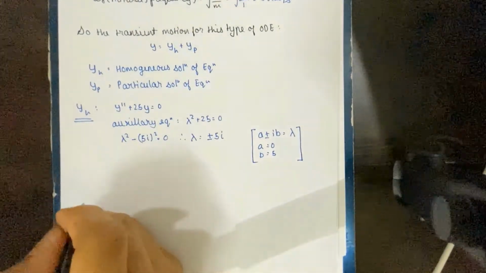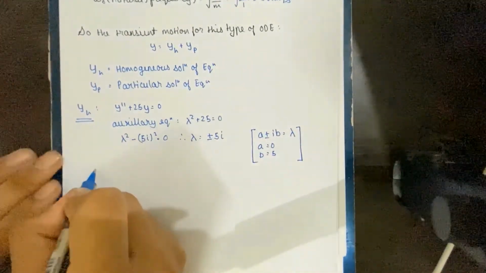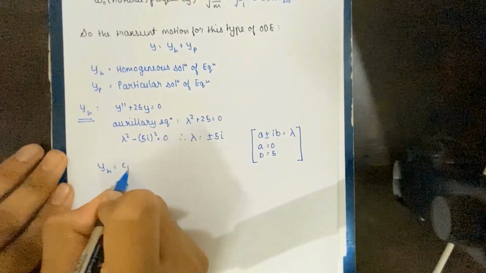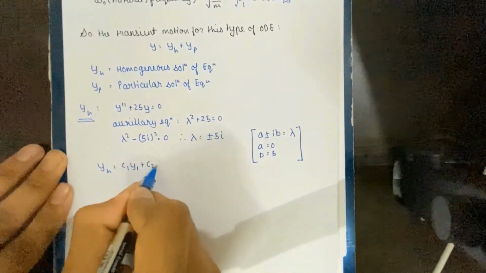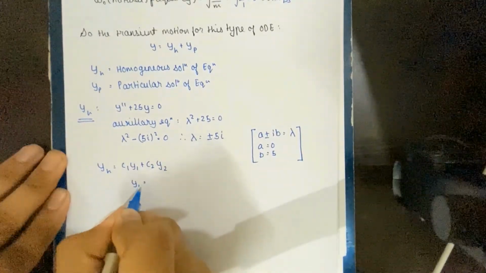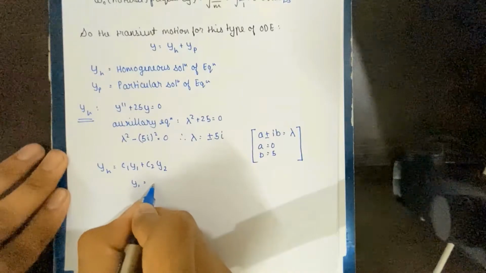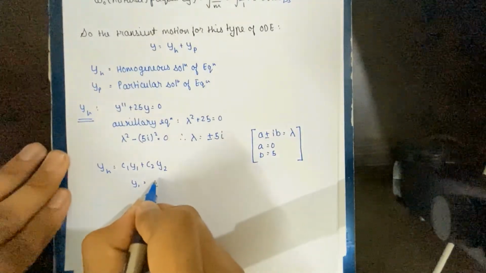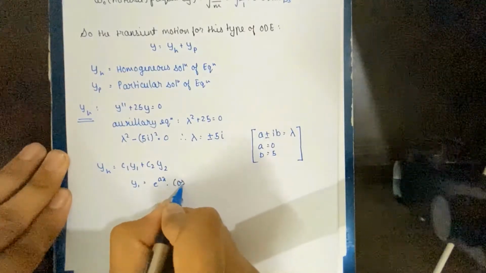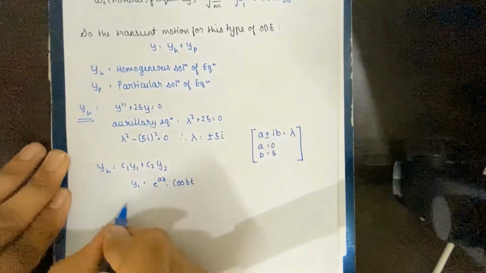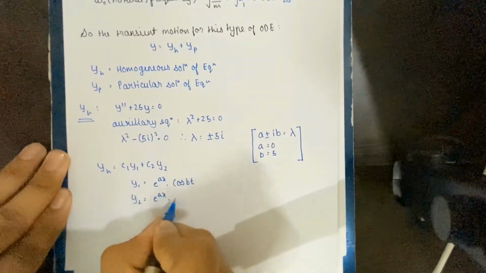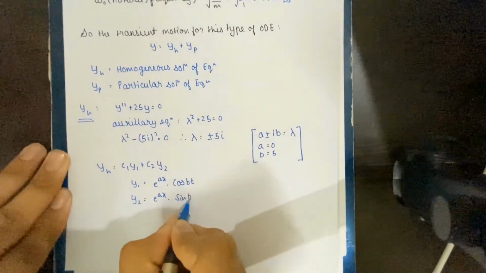So yh, the general solution, is c1 y1 plus c2 y2. y1 is given by e power ax times cos bt, and y2 is given by e power ax times sin bt, obviously.